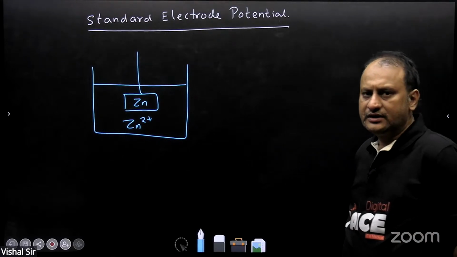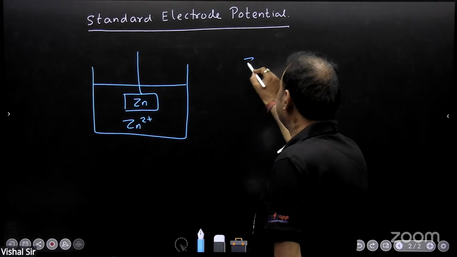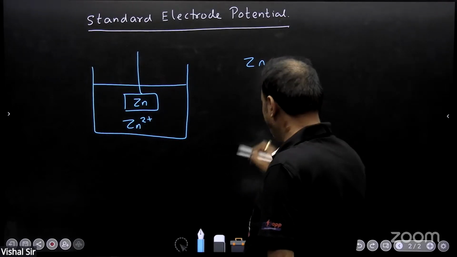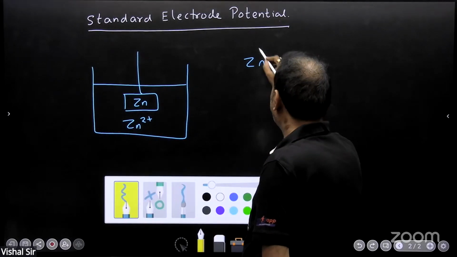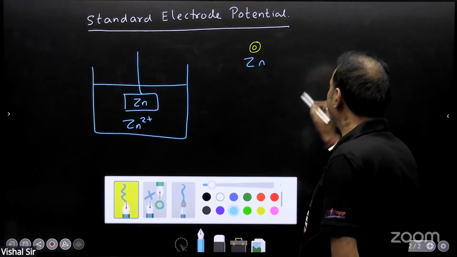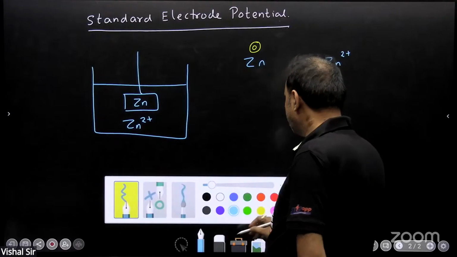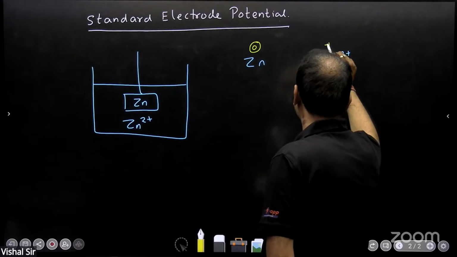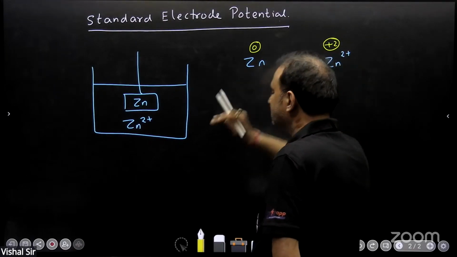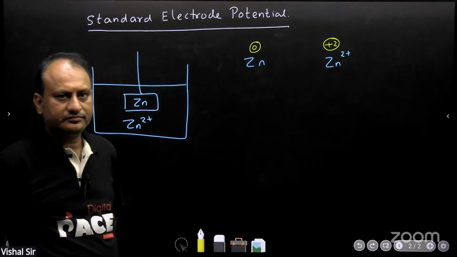Here the two oxidation states of zinc involved are the elemental state of zinc, where its oxidation number is 0, and the second state is Zn2+, where the oxidation number is +2. So these two oxidation states are involved here.